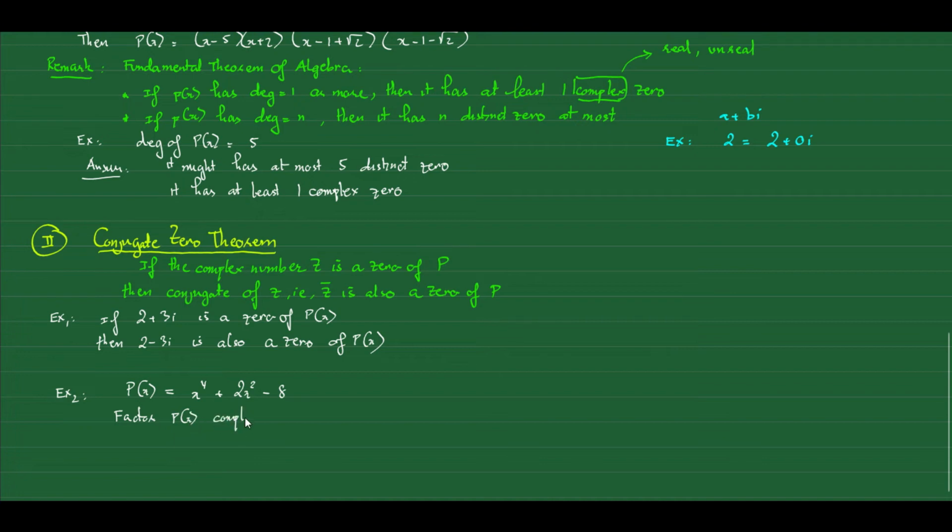When I factor this completely, I mean including zeros, real and unreal, and complex, everything. Factor completely.